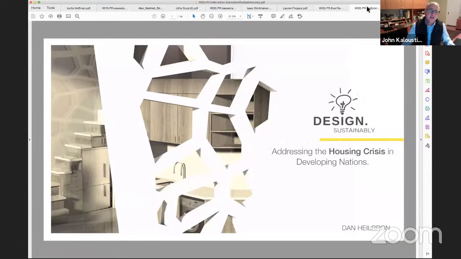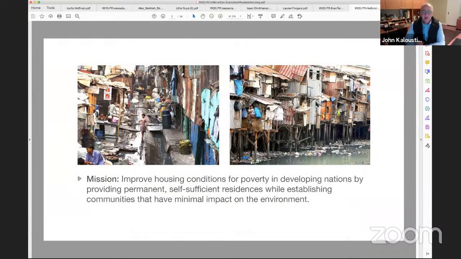This is another one that Dan Hilbron had done, and it was for a class all about small homes, tiny homes, and the products that go in them. And Dan tackled it from a much different point of view.